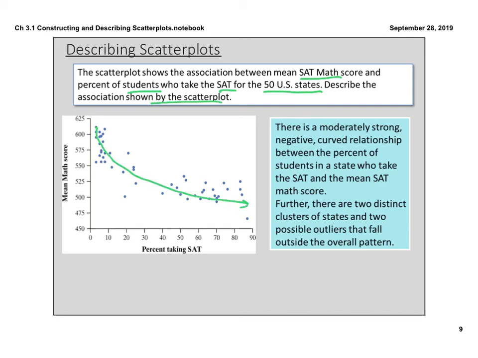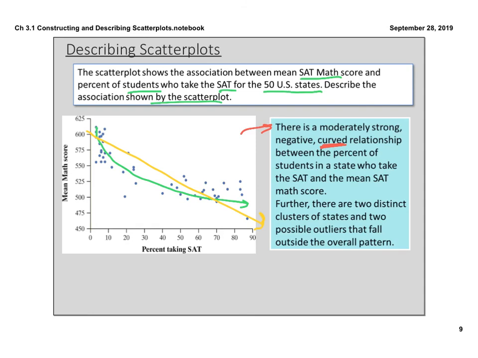If I tried to draw a linear line through here, it doesn't seem to follow a straight line. So if you look over at this description right here, it says there is a moderately strong negative curved relationship between the percent of students in a state who take the SAT and the mean SAT math score.